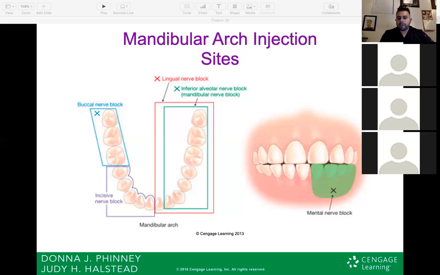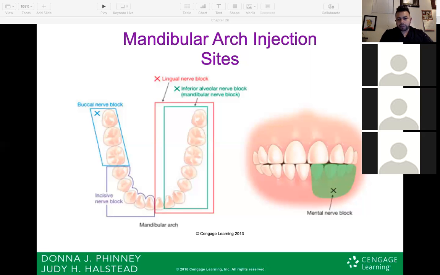So usually I'll have the patient open as big as they can, and I'll put my thumb in the back of their mouth all the way until it touches right where that curvature is. And then right above that is where that lingual nerve block will go. That lingual nerve block will deaden that entire quadrant. So it'll get half their tongue numb, it'll get half their lip numb, and also all the teeth highlighted in red.